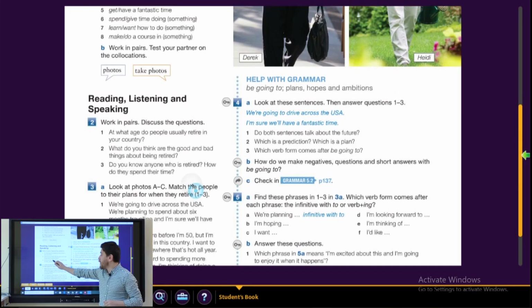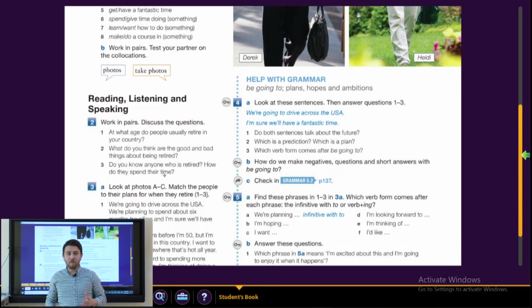And number 3, do you know anyone who is retired and how do they spend their time? I would say my father is retired and he spends his time meeting his friends, walking in nature. He usually goes hiking, or meeting up with his friends, or he spends his time going fishing. How about your family members?